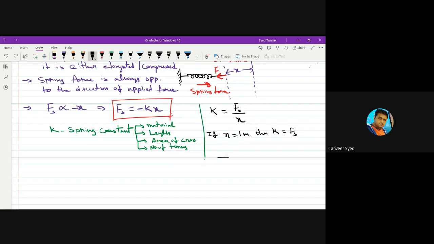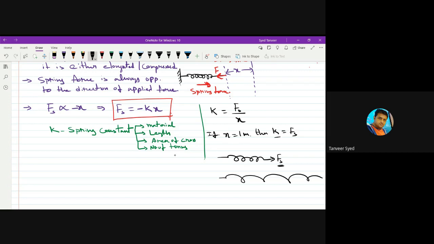Suppose you have a spring like this, and I apply a force on the spring such that its elongation becomes 1 meter. It is elongated by 1 meter, so the x value is 1 meter. To elongate the spring by 1 meter, how much force do you need to apply?